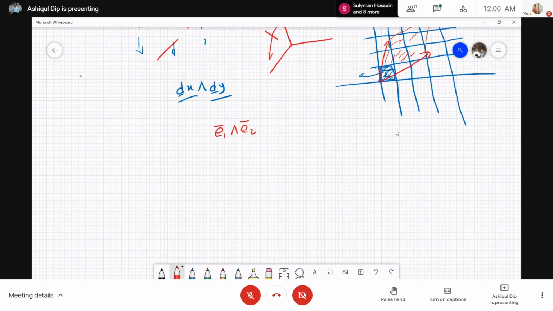So now you have omega 1 wedge omega 2. If you take the piercing of those two, that means omega 1 wedge omega 2 with e1 wedge e2, what should be the result?